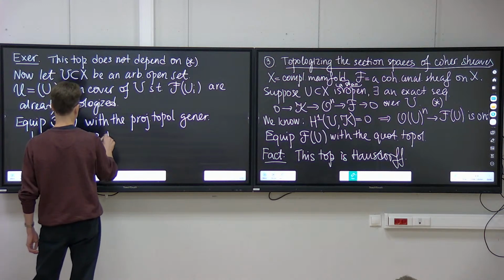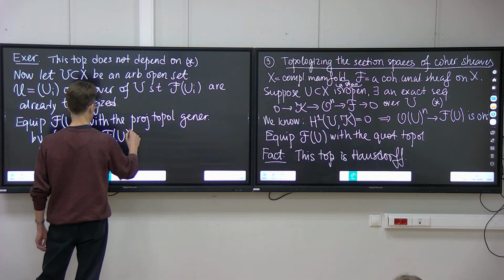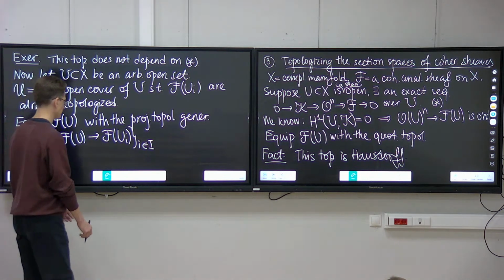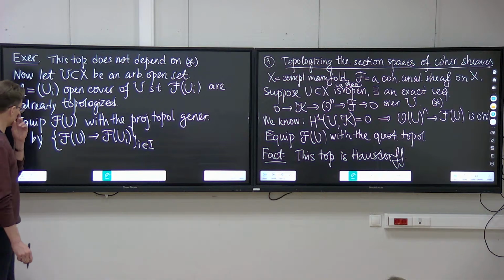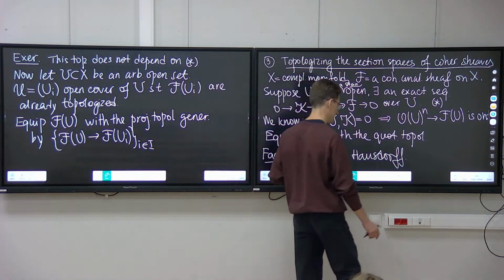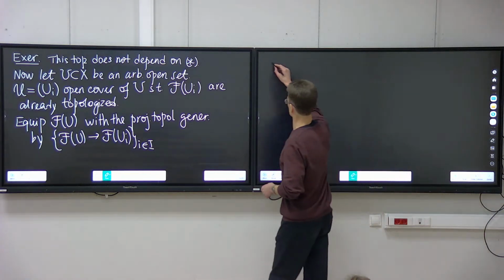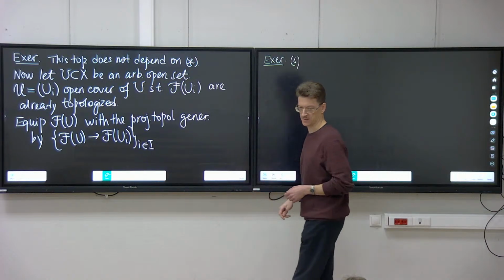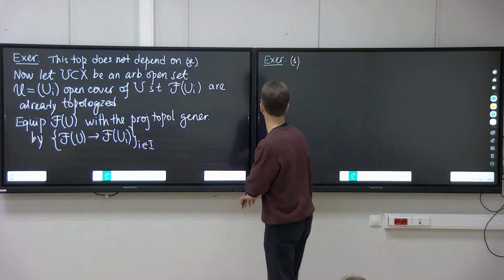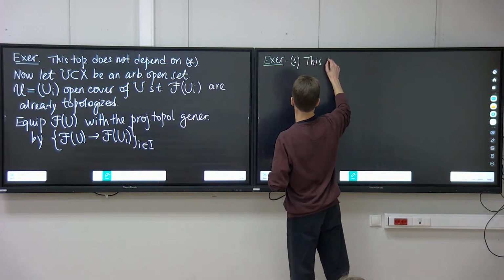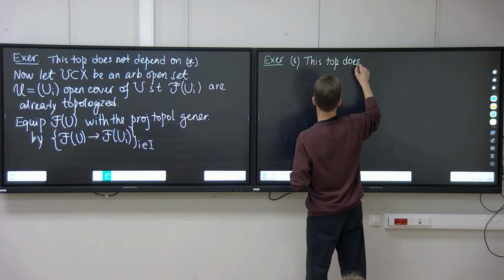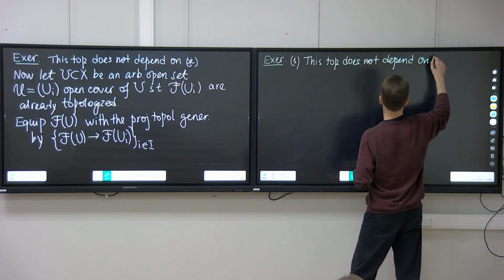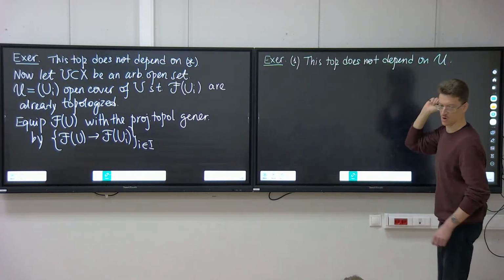We have restriction maps from F of U to F of U_i. And again, it becomes a locally convex space. And again, we have the following exercise. This topology doesn't depend on the choice of our open cover. And again, this is an application of the open mapping theorem.